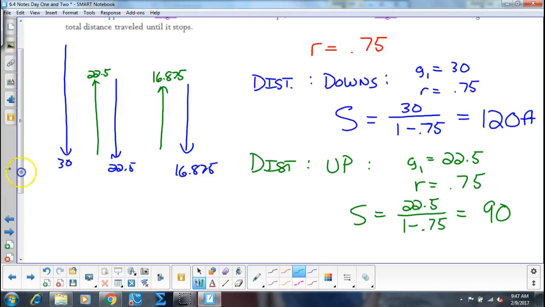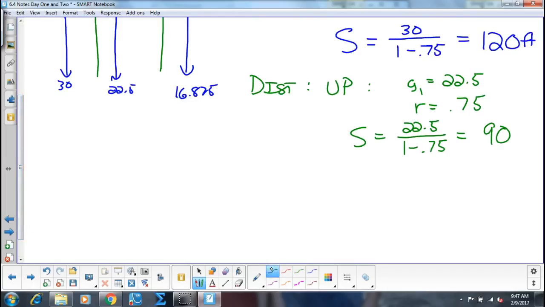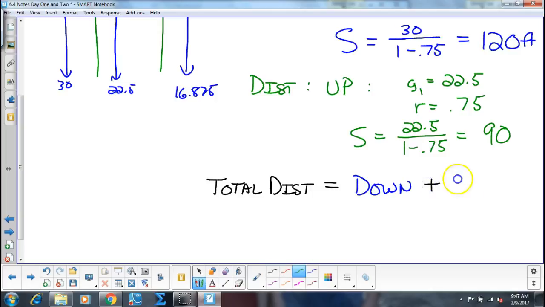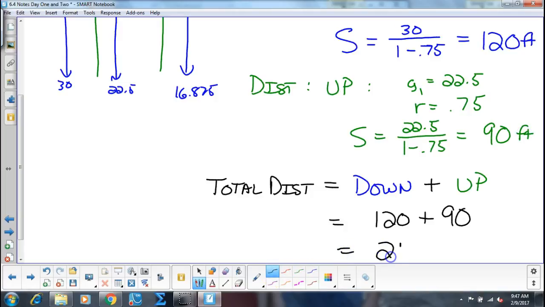Added the ups plus the downs. So the total distance that that ball traveled was 210 feet.